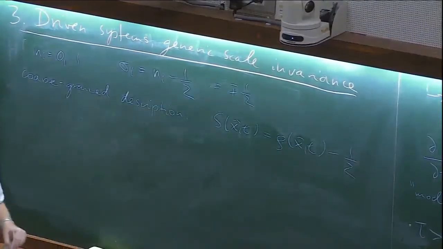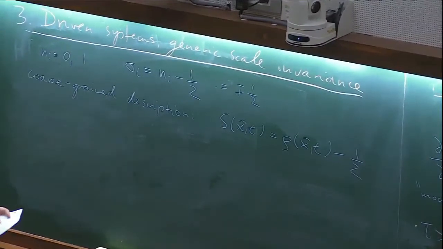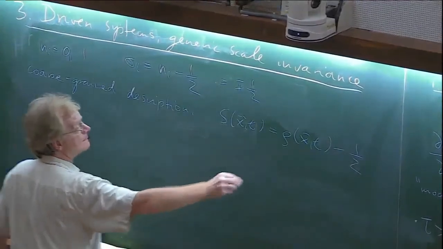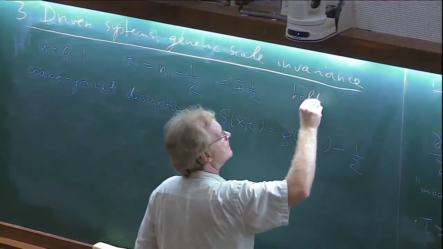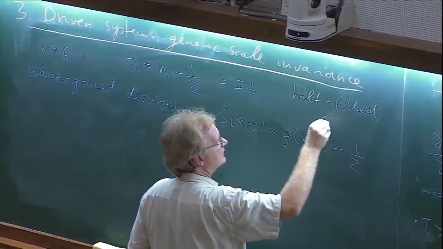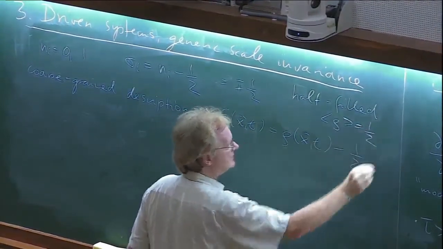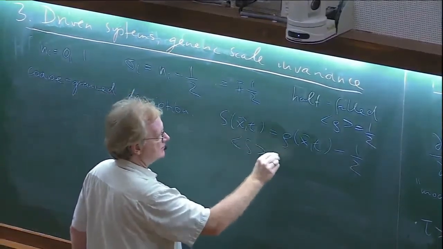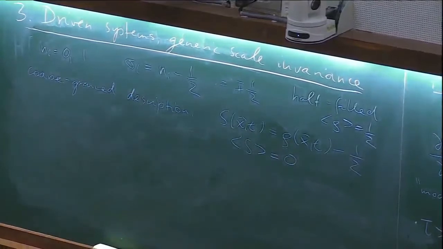Maybe it's not 1/2, maybe it's something to do with the lattice size. Let's not worry about that. Okay, and I'm going to play with a half-filled lattice, because that's easiest. For the half-filled lattice, the mean density is 1/2, and therefore the mean of this field S is 0. Not really crucial, but yeah, I can do that.